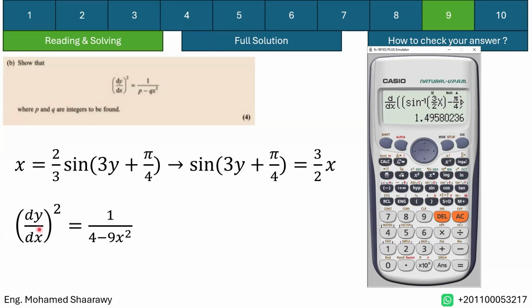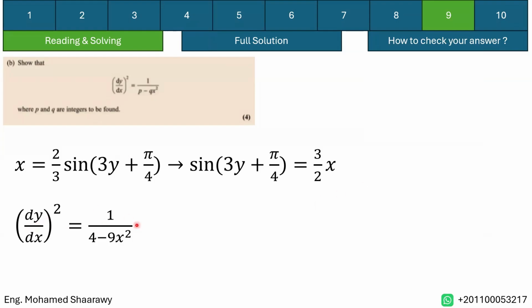Okay, let me check whether this value will give me also this one. So let me try root 1 over 4 minus 9x squared at x equals pi over 5. Will it give me the same gradient? Actually, yes. So my constants are correct. Alright.